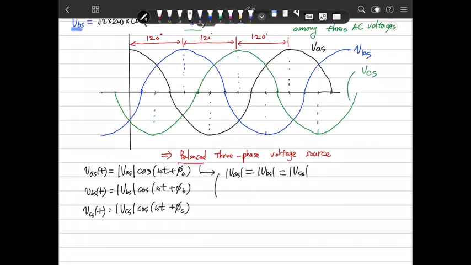And the phase differences, theta A minus theta B, and theta B minus theta C, should be 120 degrees. Actually, we have one more: theta C minus theta A is 120 degrees. Then we can say this is balanced. This is the balance condition.